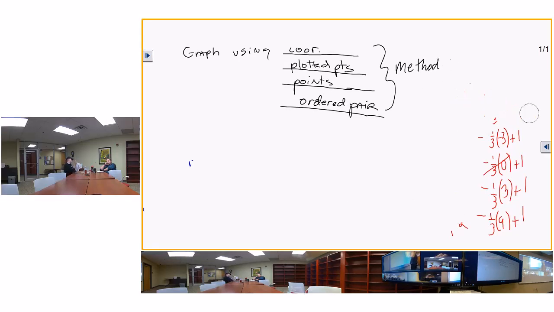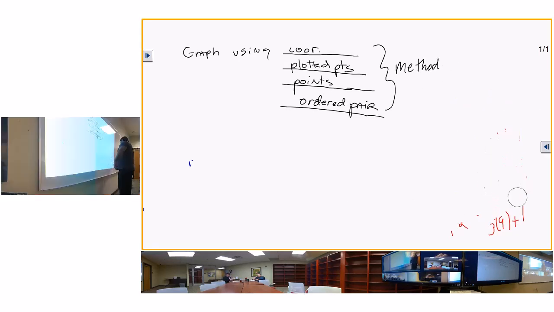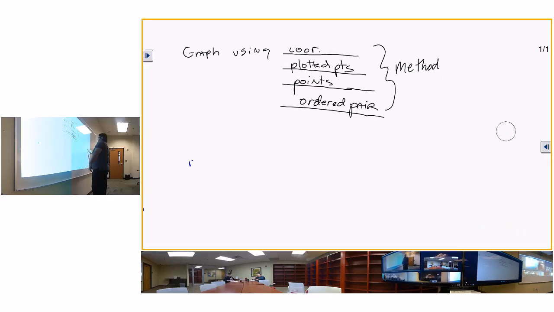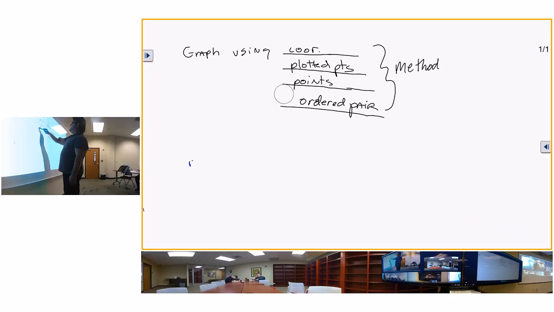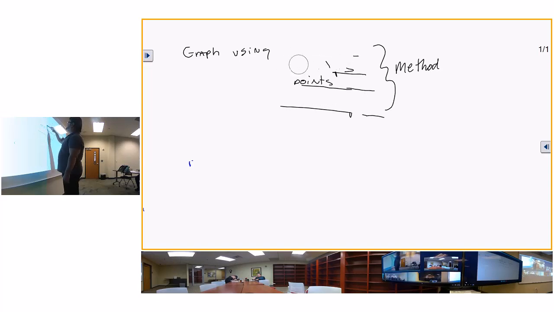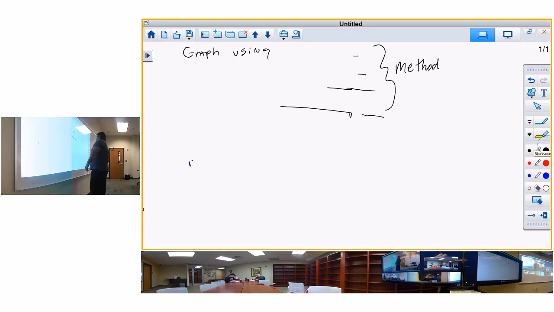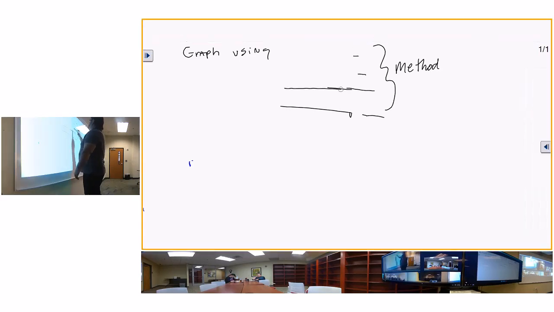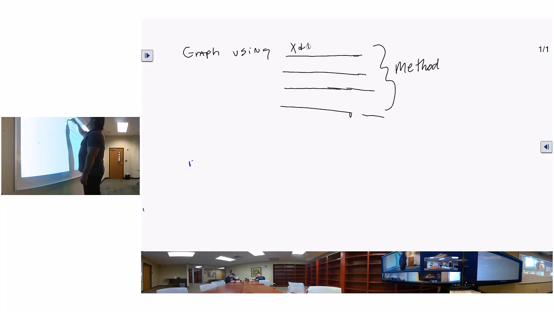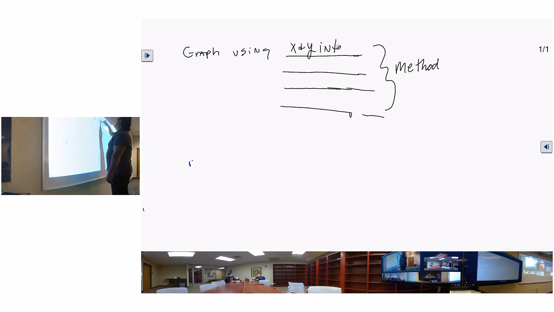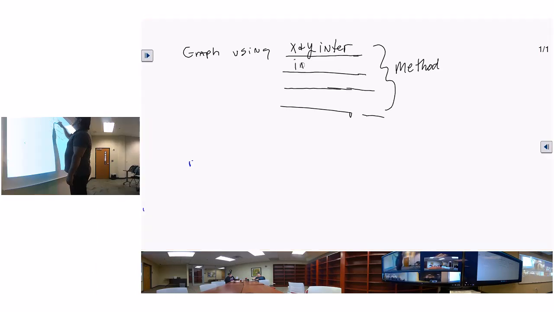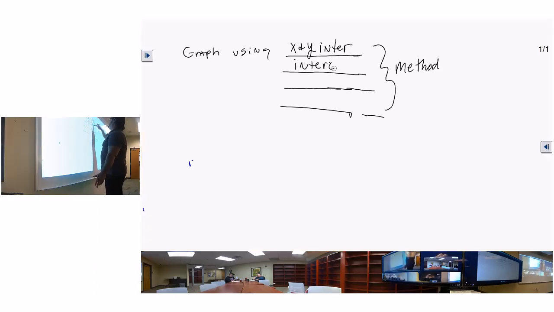Method 2, when the directions say graph using the x and y intercepts, or it'll say something to do with the intercepts, okay?